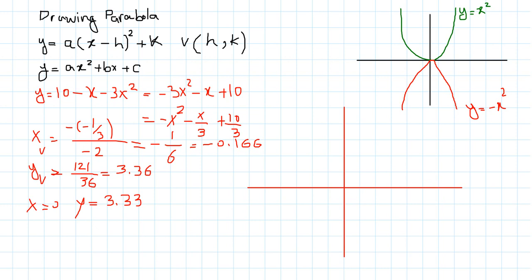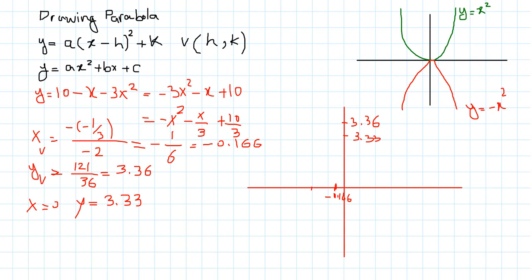Okay, at first I try to find the vertex. Vertex is minus 0.166. Suppose that I draw it bigger, one is here, and minus 0.166 here, and 3.36 here, and 3.33 here.